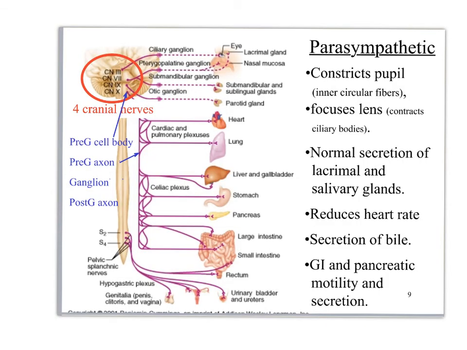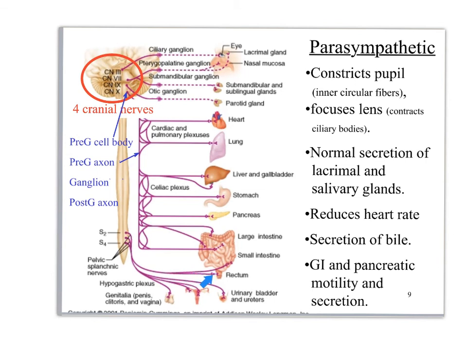All right, with this picture, what I want you to notice, so we're looking again at the parasympathetic. We're just going to go back to the beginning. We're looking at the brainstem where I've got the preganglionic neuron cell bodies right here, and then down here at the sacral region of the spinal cord where I have the preganglionic cell bodies. Here you can see that there is a long preganglionic axon.